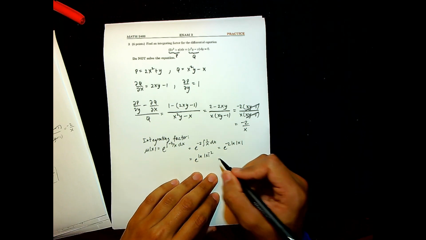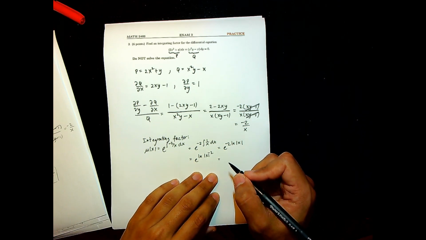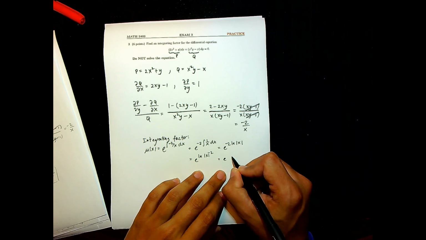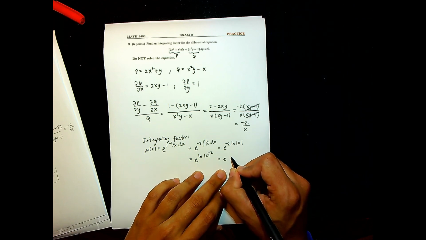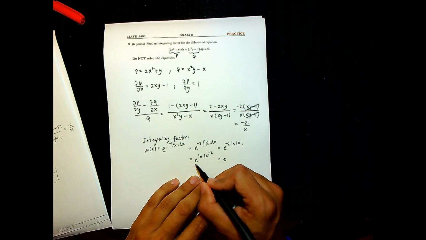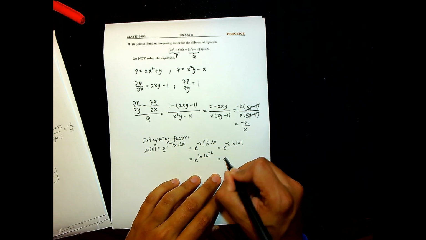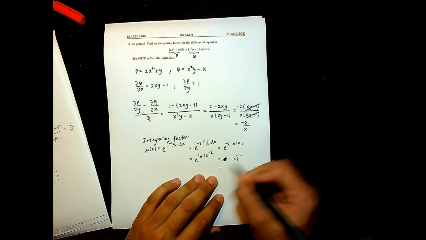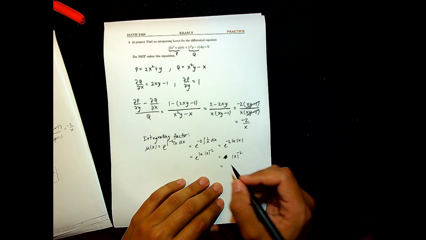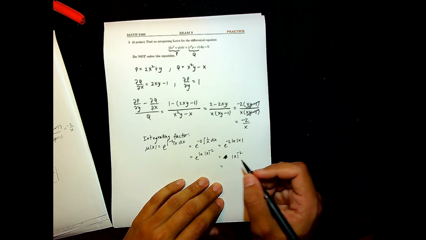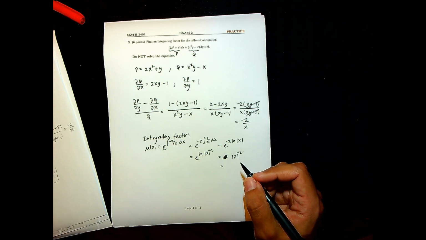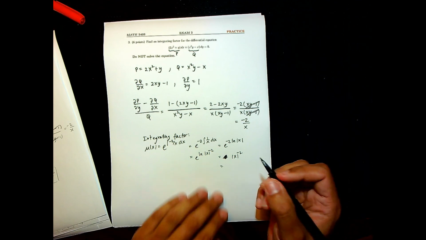The exponent is even, so you don't really need the absolute values. Now the e and the ln cancel each other off, so really this gives you absolute value of x to the negative 2, and as I said, the exponent is even, so you don't need the absolute values. Most of the time we choose either the positive one or the negative one, so we drop them anyway.